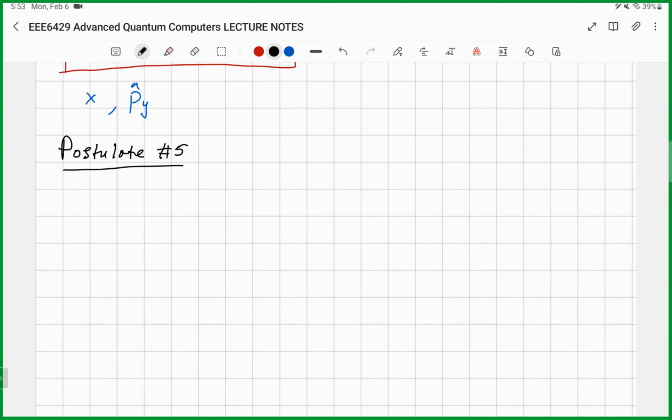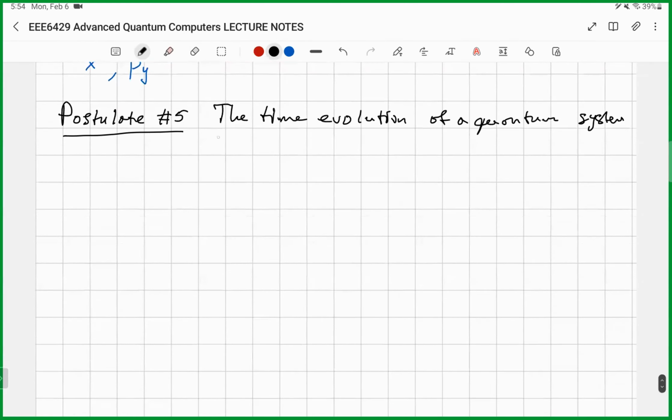The time evolution of a quantum system, let's put in parentheses, in the pure state. We will discuss this notation, pure state, also in what follows.